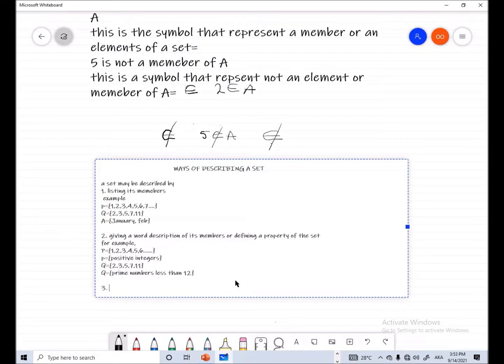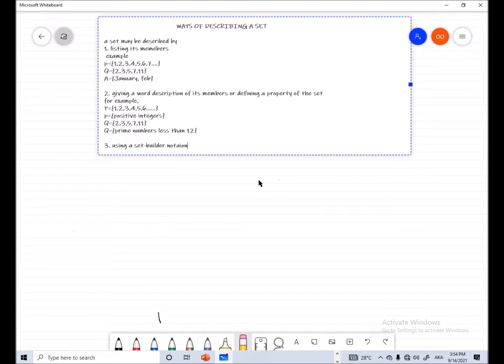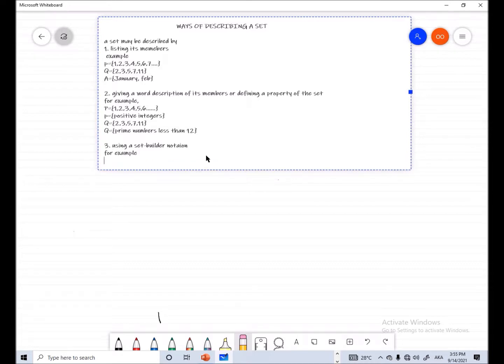The third one, we say that we can use a set builder notation. What do you mean by using a set builder notation to describe a set? But before then, let's look at the sets P and Q. Let's list the P so that you understand it.